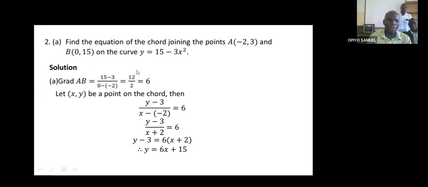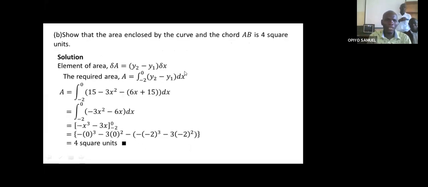Then in part B, I hope you are seeing my screen. Part B is saying we should show that the area enclosed by the curve and the chord AB is 4 square units. Allow me to make some illustration here. We have to sketch this curve.